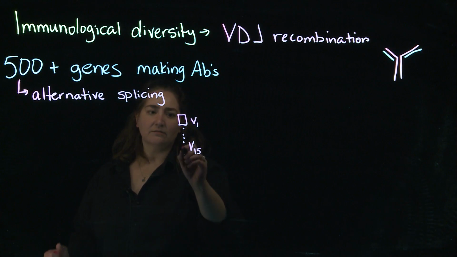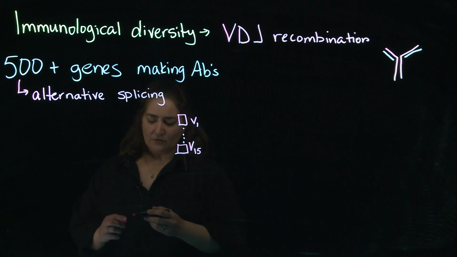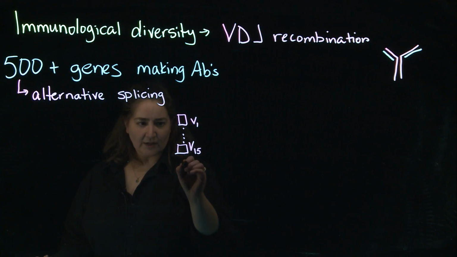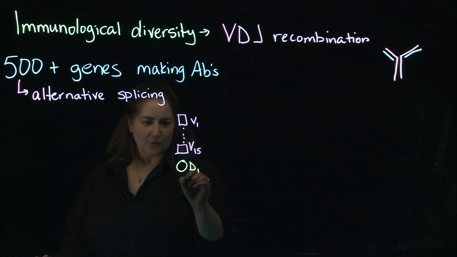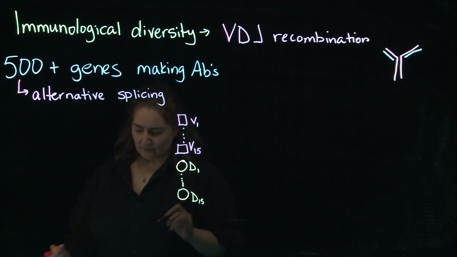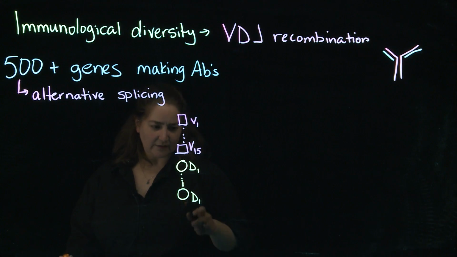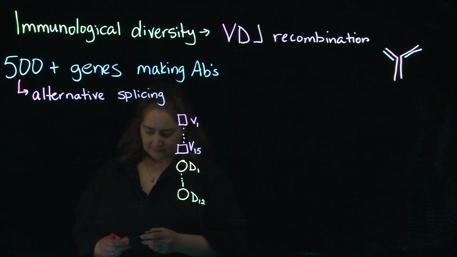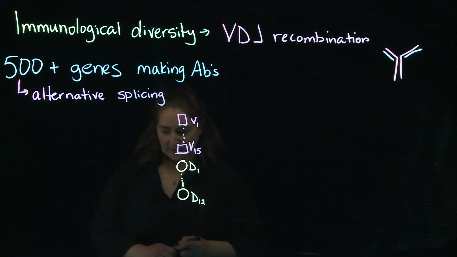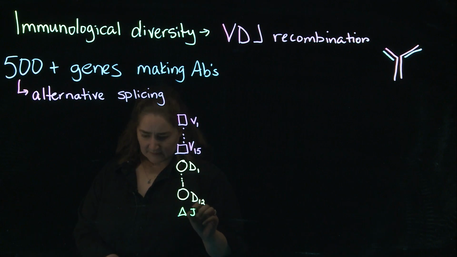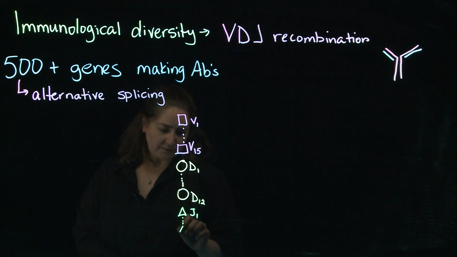It doesn't matter. Then you've got genes that go D1 to, I think that's another one that's high, 15, 12 maybe. We'll make it less. And then we've got J, and there are fewer of these. This I remember.